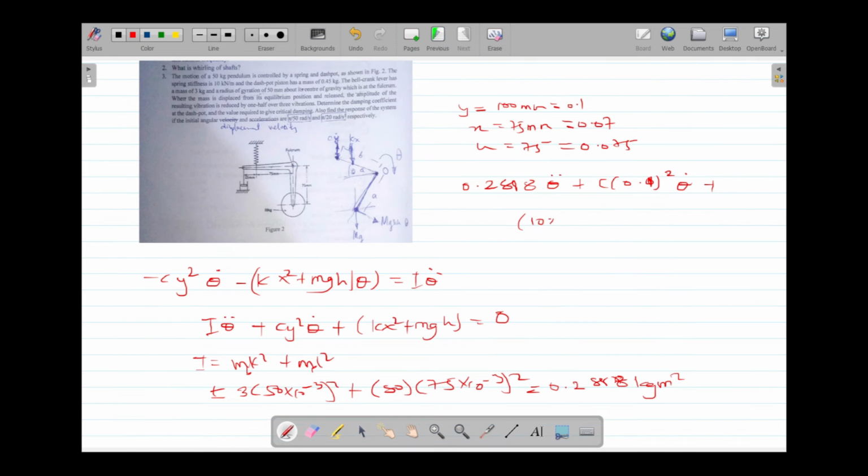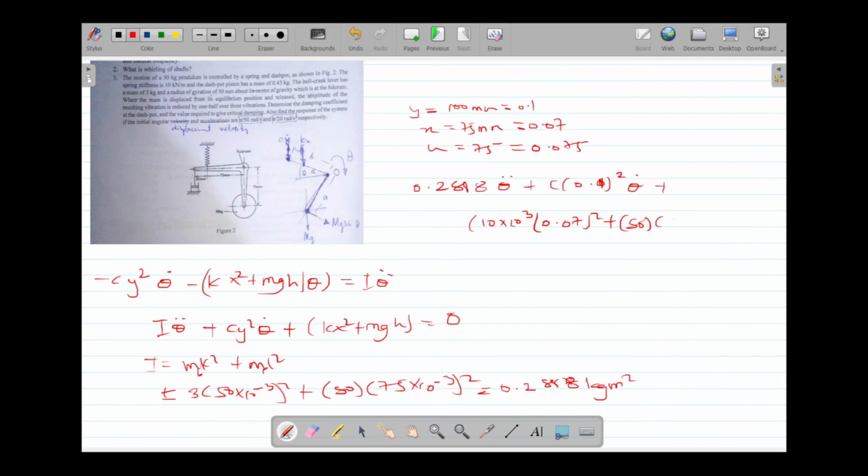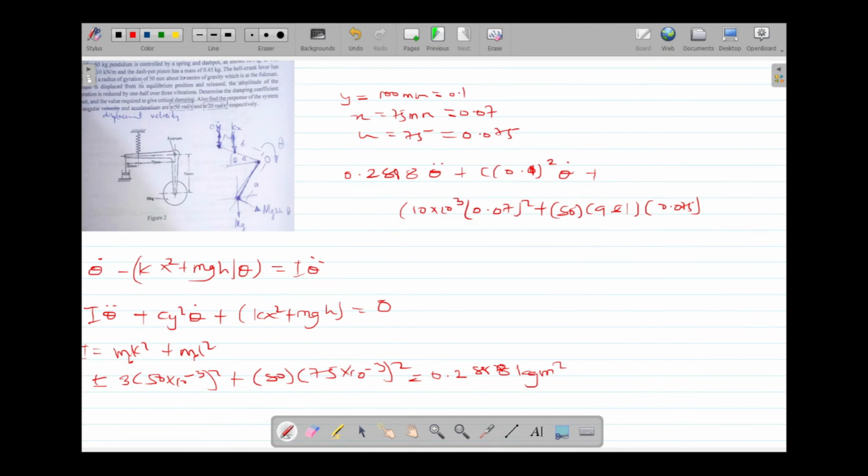So 10 times 10 power 3 multiplying x squared 0.075 squared plus the mass 50 kg, g 9.81, and then the h 0.075 theta equals 0. So from here, let me change the pen and make it black. Okay, so from here, let's just simplify.